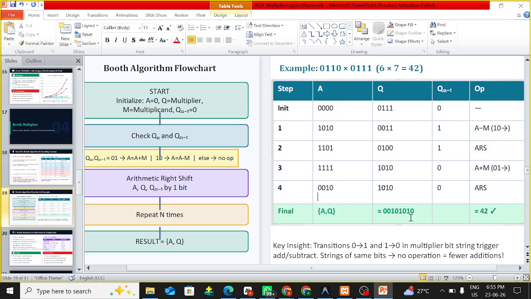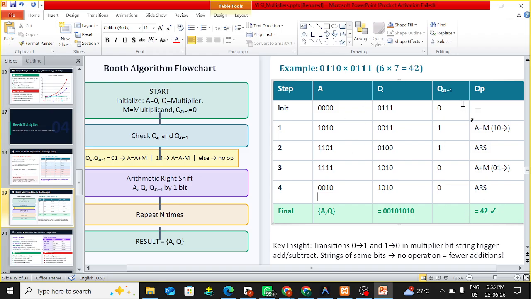This one represents 2, the fourth one represents 8, this one represents 32. This is how you add the value: 32 plus 8 becomes 40, 40 plus 2 becomes 42. The answer you got is 42.